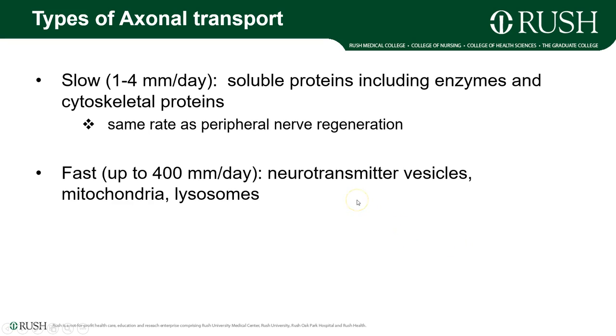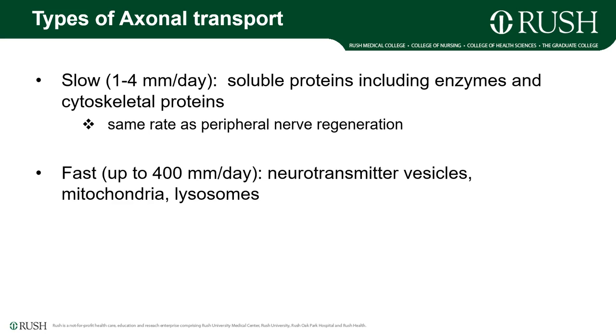The type of transport that occurs across the axon can be classified as either slow or fast. In slow transport, the material is moving at a pace of 1 to 4 millimeters per day, and that includes proteins which are soluble, includes enzymes and other cytoskeletal proteins.